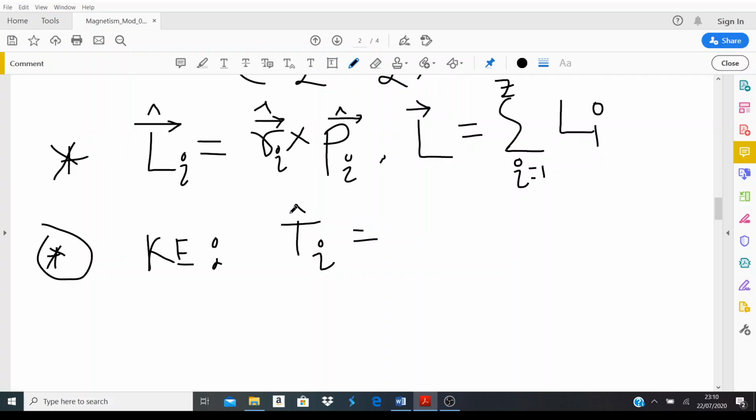In classical physics, forget the hat for a moment, the kinetic energy is nothing but the momentum squared divided by twice m, the mass of the electron. We put an i to denote that's the momentum of the ith electron. I'm not putting any index for the mass because every electron is identical, with the same mass. But we need to put a hat because we are in the quantum mechanical framework.